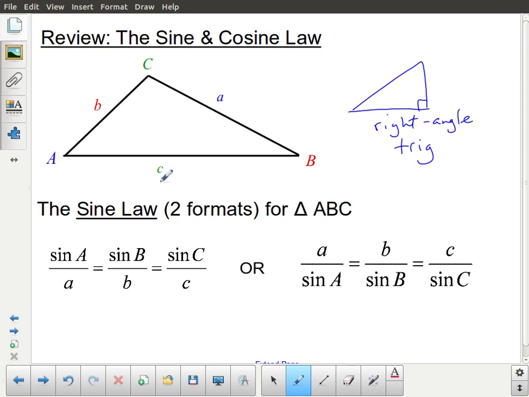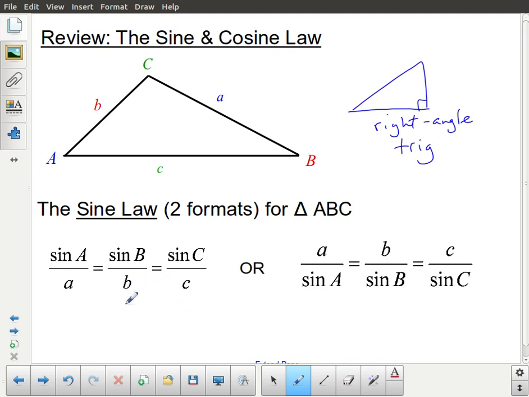For any triangle, the ratio of the angles to the opposite sides are all going to be equal. So if A is a large angle, that means the side A will be a large side. If B is a small angle, that means side B will be a small side. And so that ratio results in this equality.